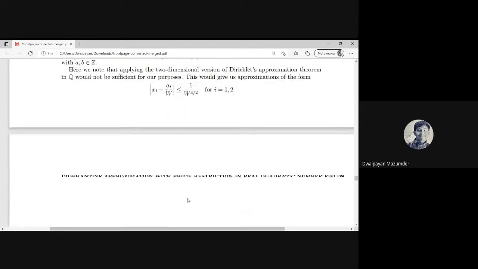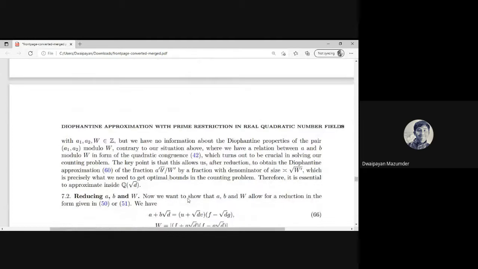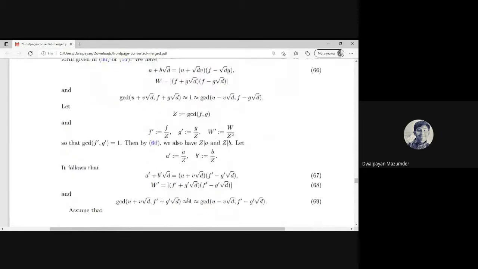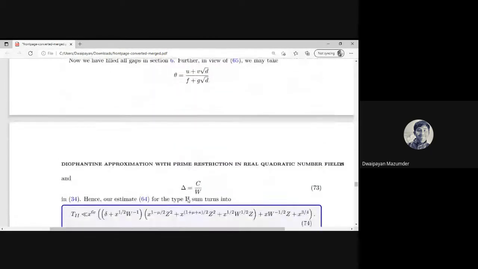It doesn't capture that, so you will not use it. Okay. I'm not going to go into that.